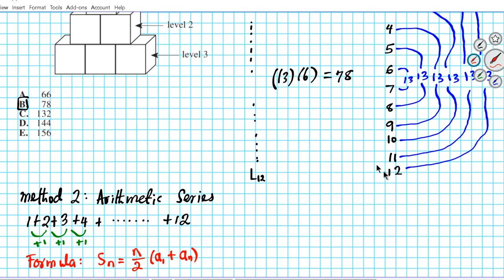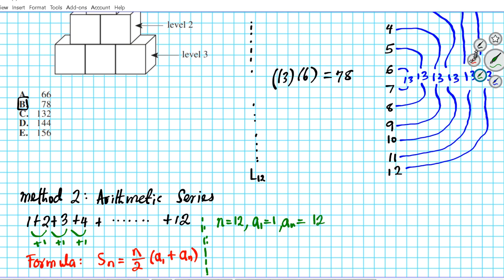Okay, so we apply this formula to the situation that we have right here. What do we know? What is n? n is the number of terms. n is 12. The first term, a1, is 1. And the nth term, an, is a12, which is 12.